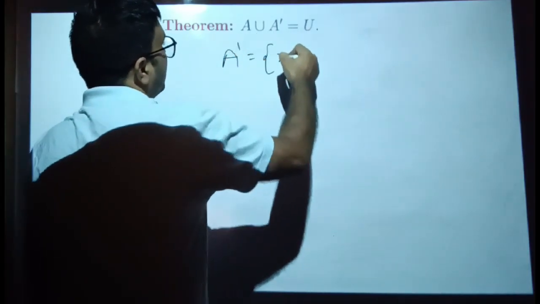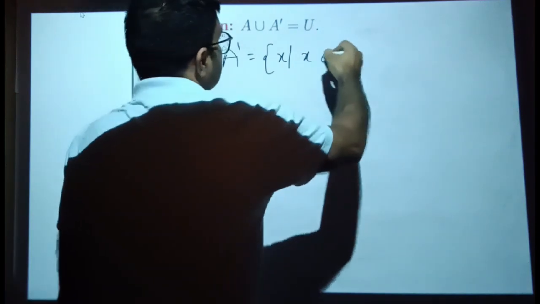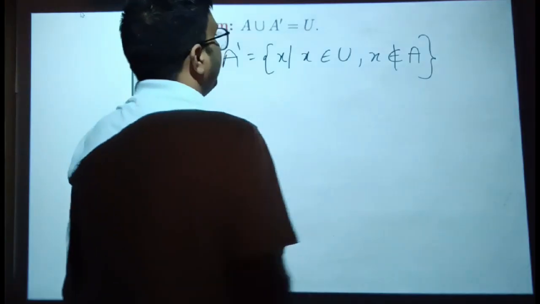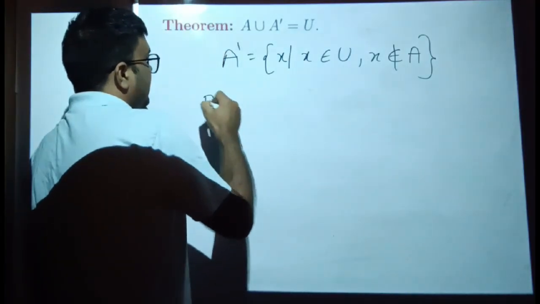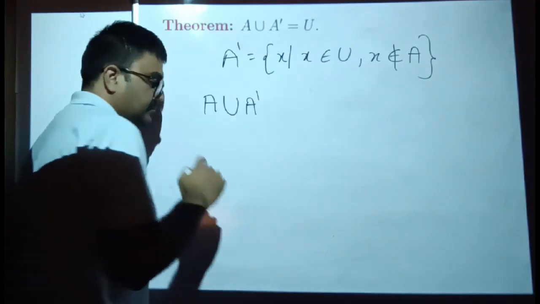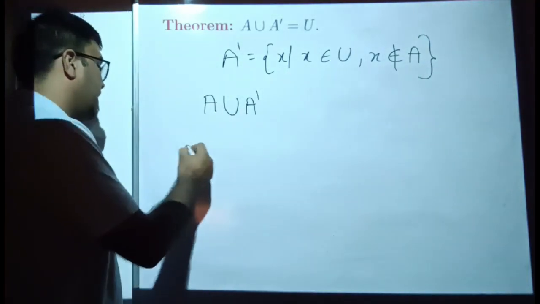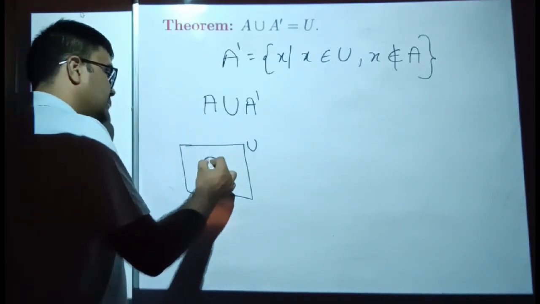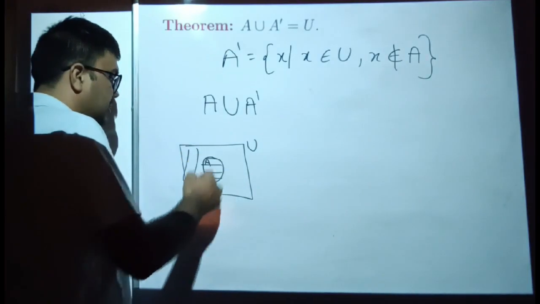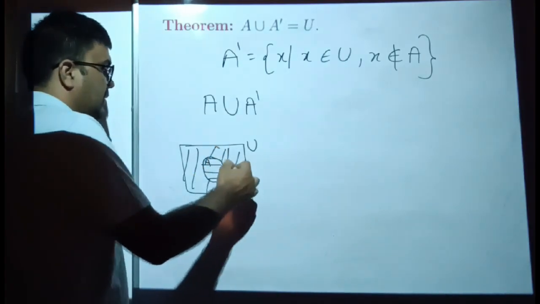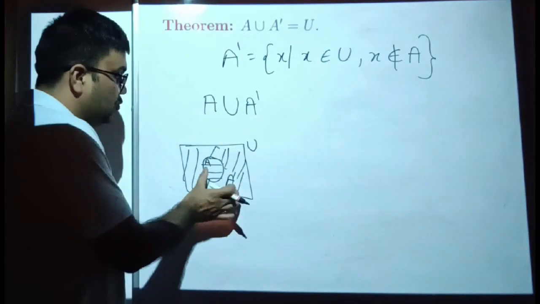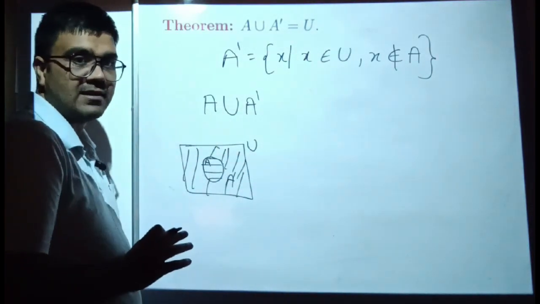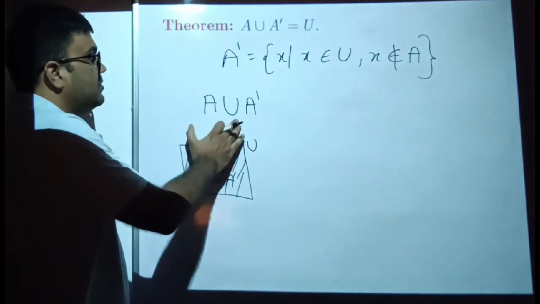It is all those elements X such that X belongs to U and X does not belong to A. In terms of Venn diagrams, this is the set U, this is the set A, and this outside region is the set A complement. The union of both of these will be the complete set U. This is in terms of Venn diagrams.